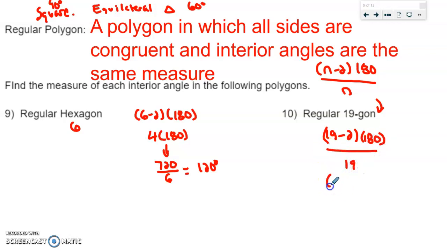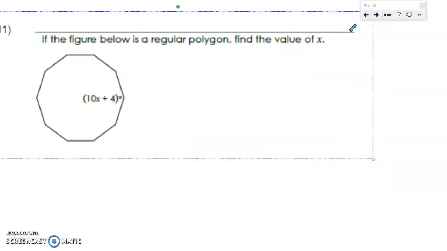So I'm taking 17 times 180 over 19. I get 3060 over 19, and I would approximately get this to be 161 degrees.